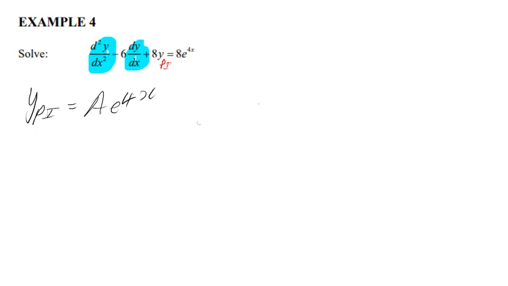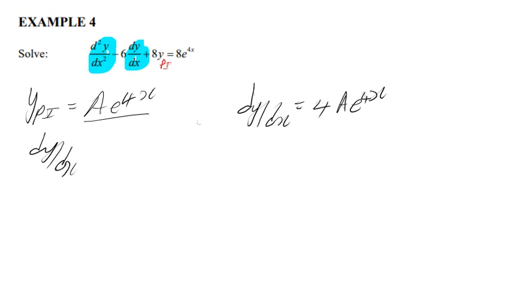To find dy over dx, you have to differentiate your YPI. So the first derivative is 4a e to the 4x. Then you are also required to find the second derivative. The second derivative of this will be 16a e to the 4x.